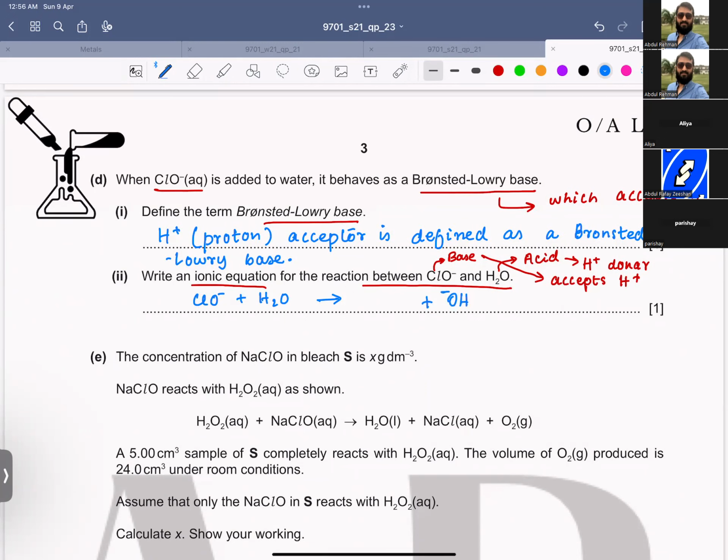So when ClO negative bonds with H positive, we will get HClO with no charge on it. So that is how we will write the equation. If anyone has any problem in understanding this equation, kindly tell me. Yes, is this clear to everyone?